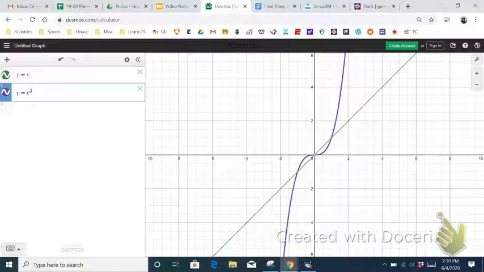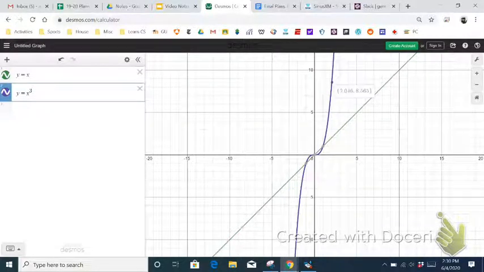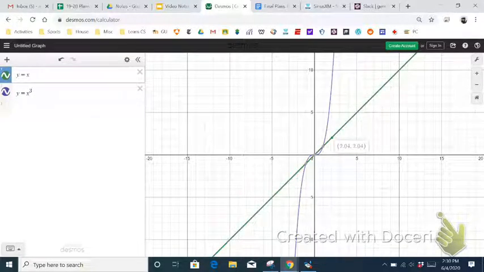So if we look at when x equals 2, 2 cubed is equal to 8. That's why it's above this point here, 2 comma 2, because if you cube 2, it's going to get bigger than if you just don't do anything to 2. Now if you cube 1, it's going to be the same as if you didn't do anything to 1. That's why they share this point.